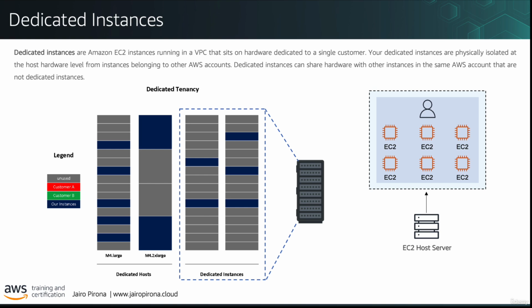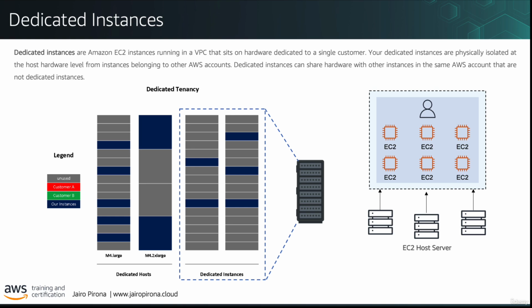You're saying, okay, there's hardware that will be dedicated to me as a client, but my dedicated instances will be distributed across all the physical servers or hosts that are mine. And I'll never know which of those physical hosts my dedicated instance is running on. Then, I may share the physical host with other instances that belong to me as a customer, and that's where the difference between dedicated instances and dedicated hosts comes in.